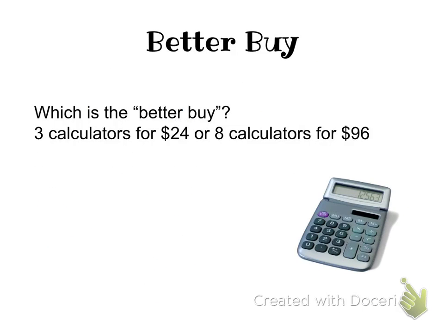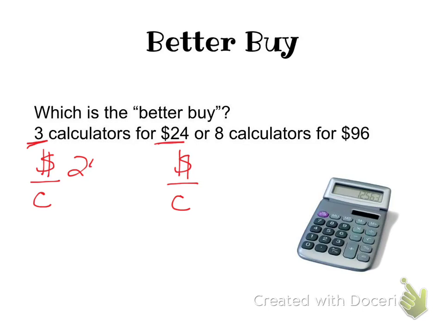All right, so in this example, we have 3 calculators for $24 or 8 calculators for $96. All right, so let's start with, what are we comparing? Good. So I'm going to put money over calculators. I'm going to do that twice. Money over calculators. So we have 3 to 24.